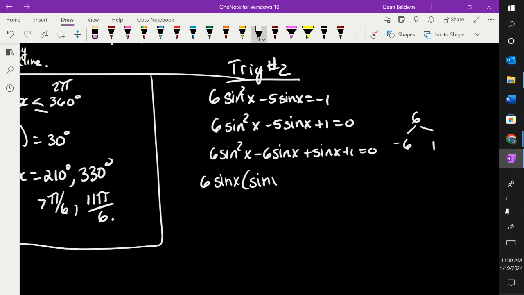Does this work? Doesn't work, does it? It's 3 and 2, isn't it? Negative 3 and negative 2. Yeah. I know how to factor. I don't know what I was thinking.